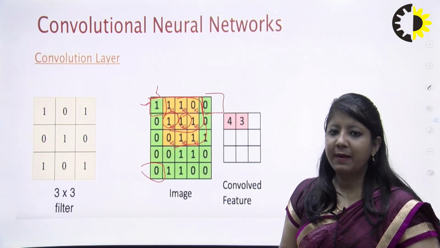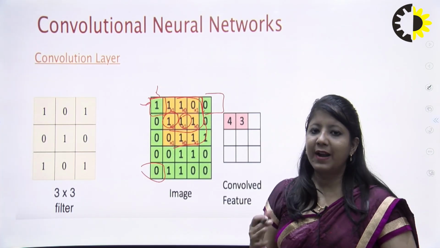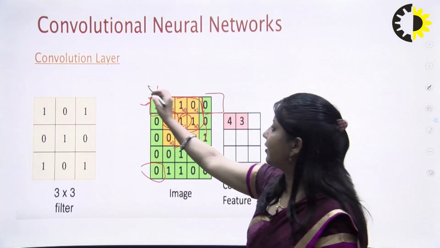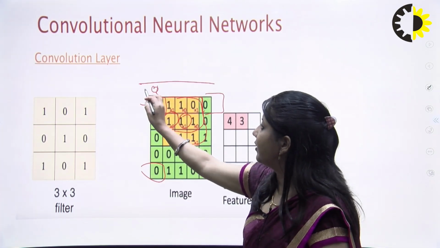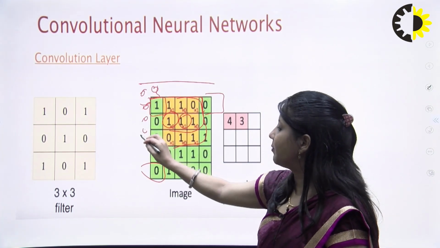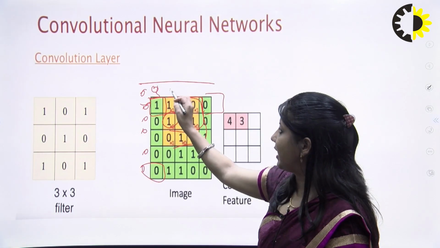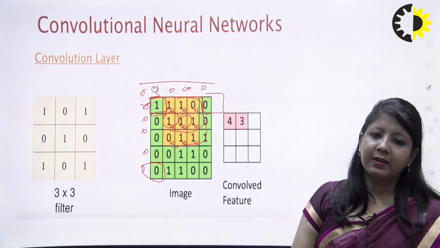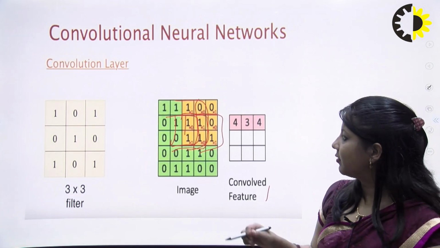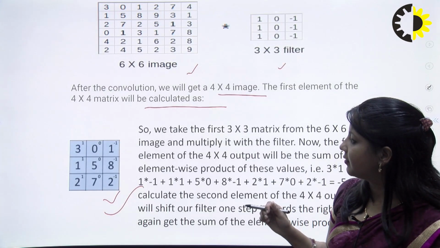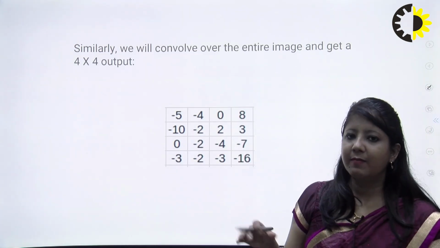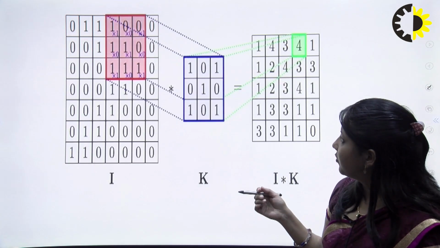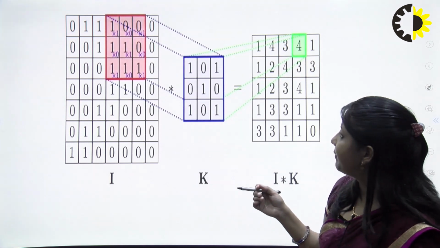By applying padding. We can apply a padding bit of 0, adding one row and one column here, so that when we select the center window, this element is also considered in the convolved feature. This is the logic to prevent the corner elements from being eliminated. So we can apply the padding bit here.